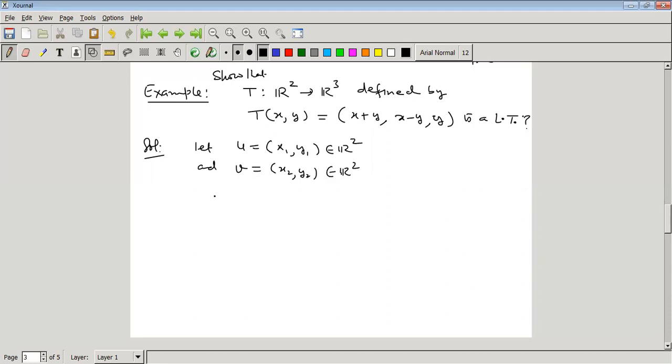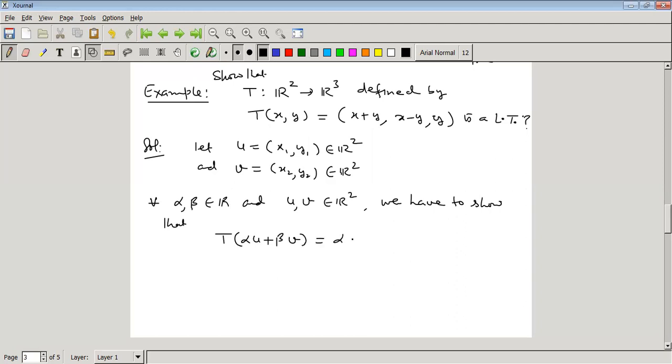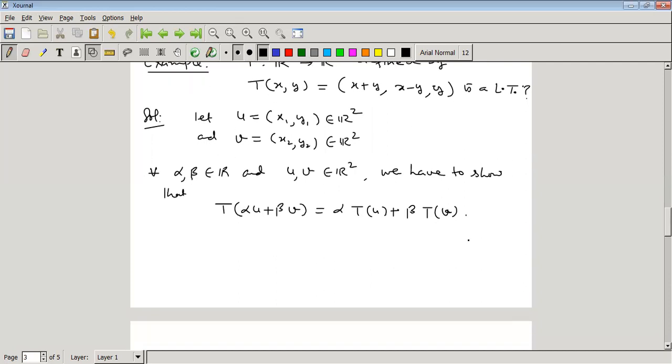We take any alpha, beta in the field, let it be R, and u, v in R2. We have to show that T of alpha u plus beta v is equal to alpha times T of u plus beta times T of v. So this is our goal. If it satisfies this condition, then T is a linear transformation.